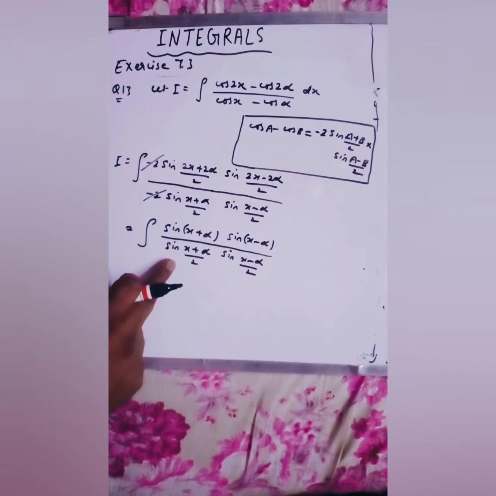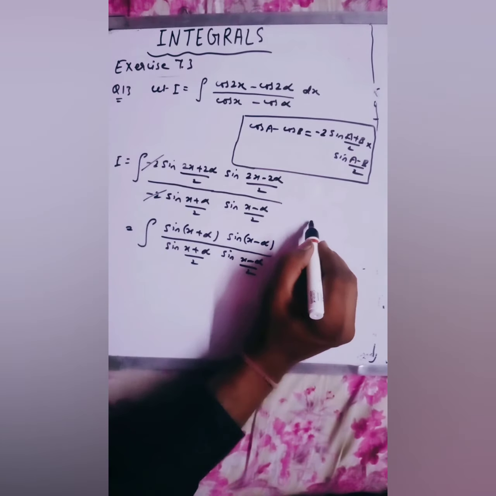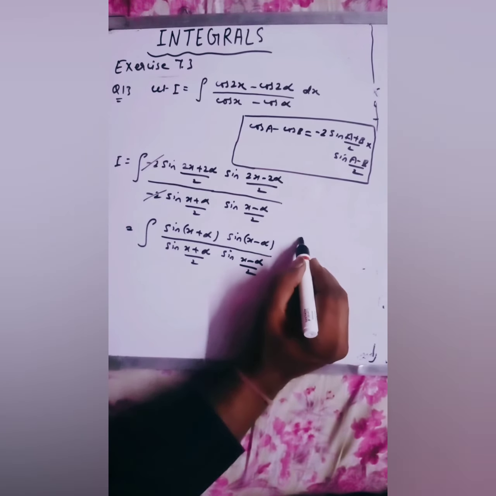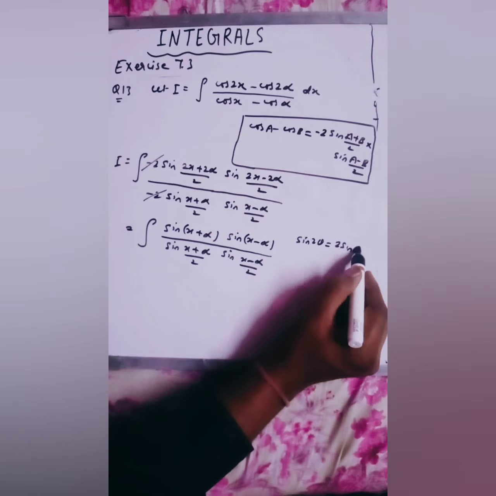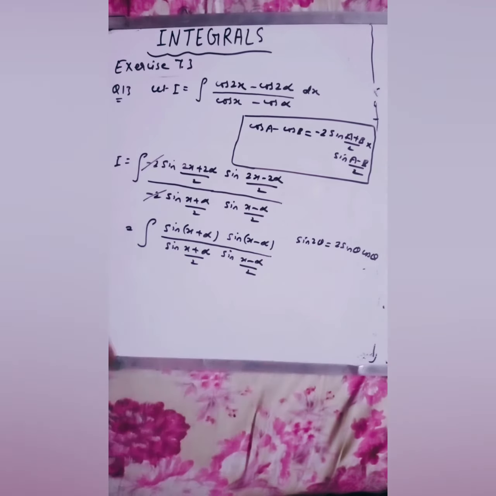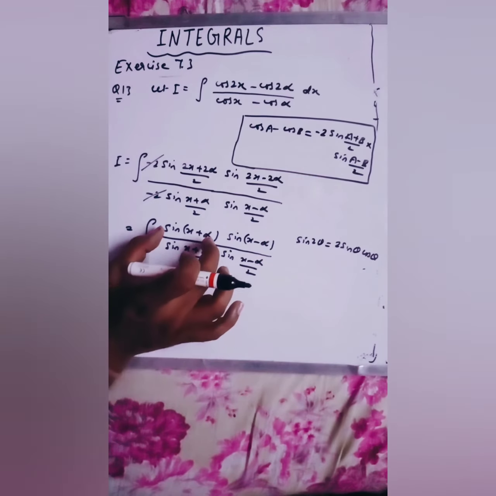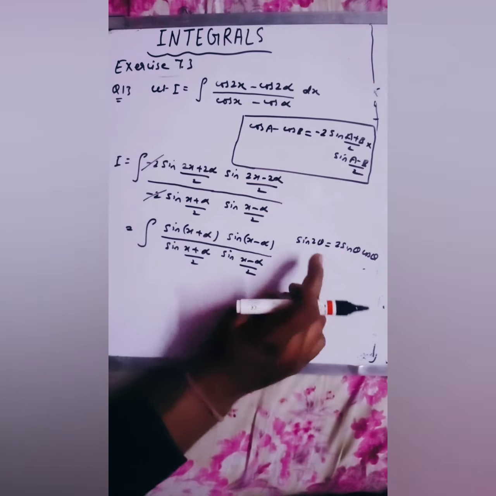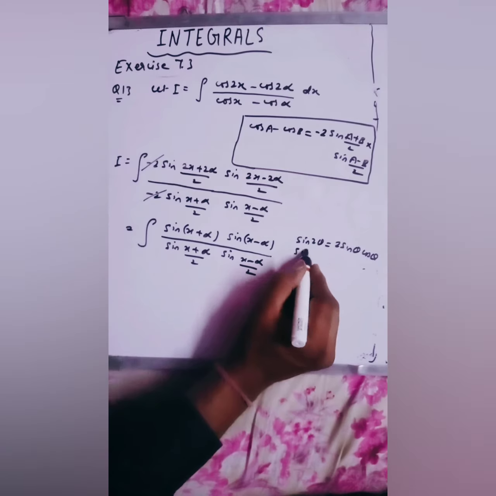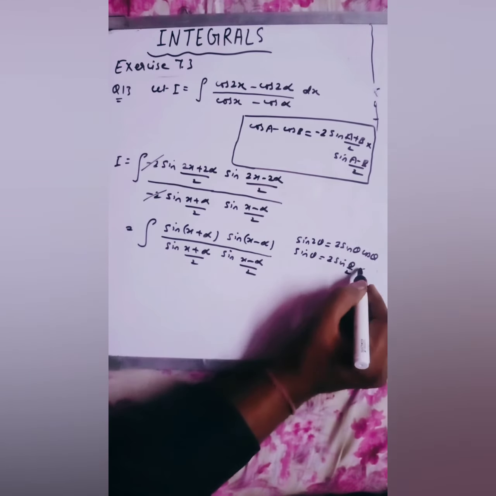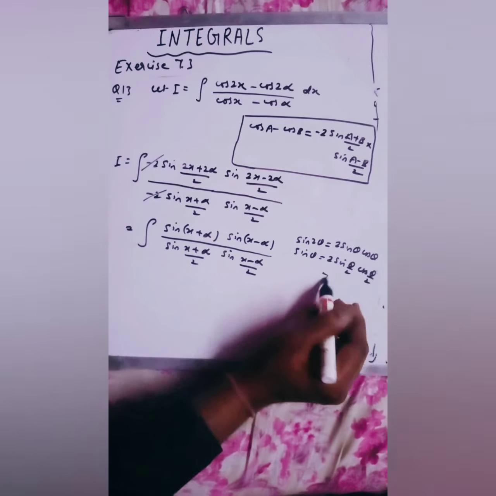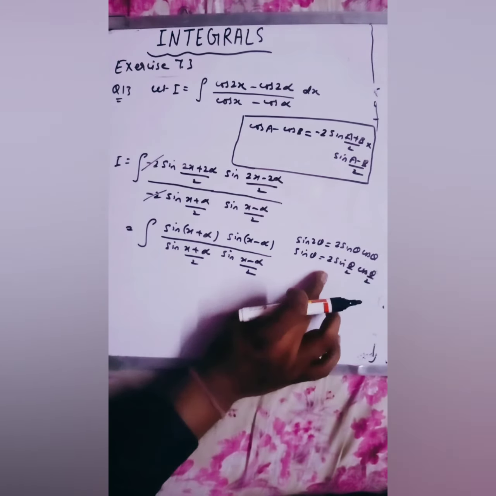Now what you have to do, you have to apply the general formula I'm writing here, that is sine 2 theta is equal to 2 sine theta cos theta. If you write the formula of sine theta, you just have to halve the angle, so it would be sine theta by 2 and cos theta by 2.